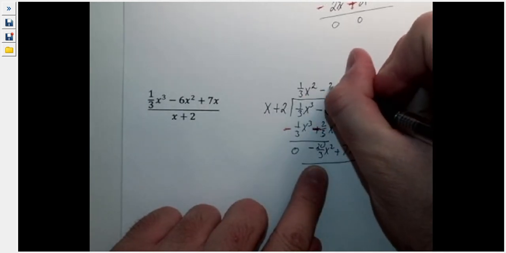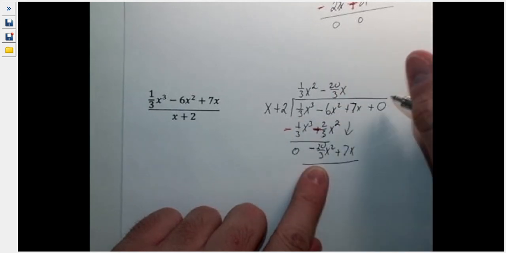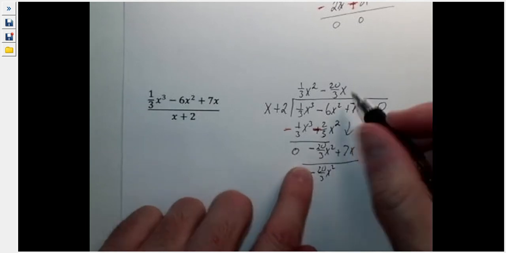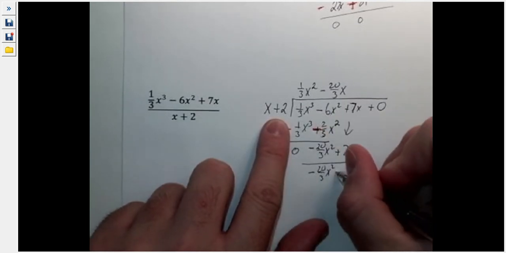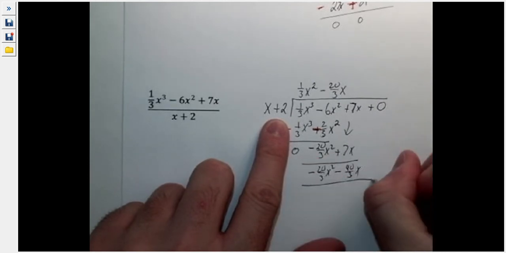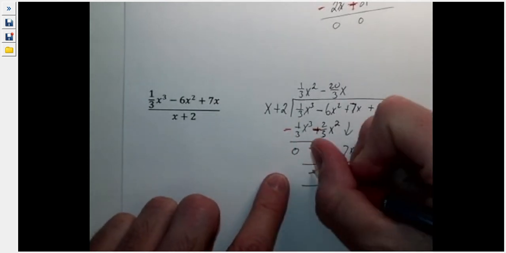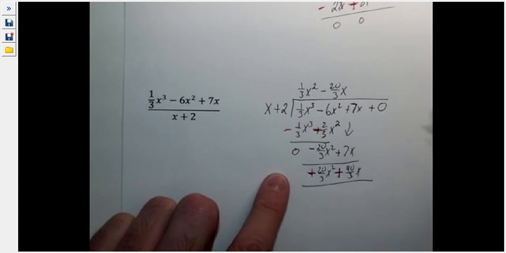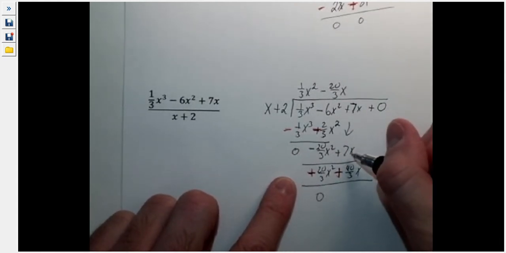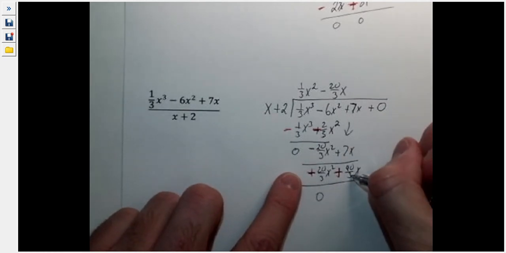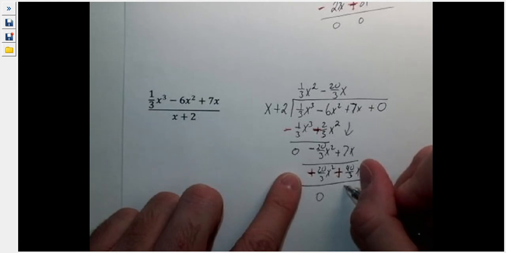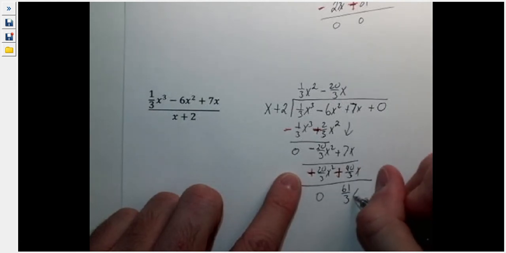Which is negative 20 over 3 x. So you get negative 20 over 3 x squared, and then again, minus 40 over 3x. Change your signs. That's positive now, and that's positive now. So for the first term, you get 0. And again, 7 times 3 is 21 plus 40. That is 61 over 3x.